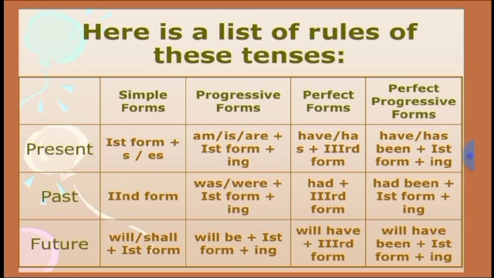Okay. Then the same thing when we go and see the rule for progressive form. Now in the case of progressive form, the sentence formation changes. Instead of subject plus verb plus object, there is subject plus helping verb plus object.